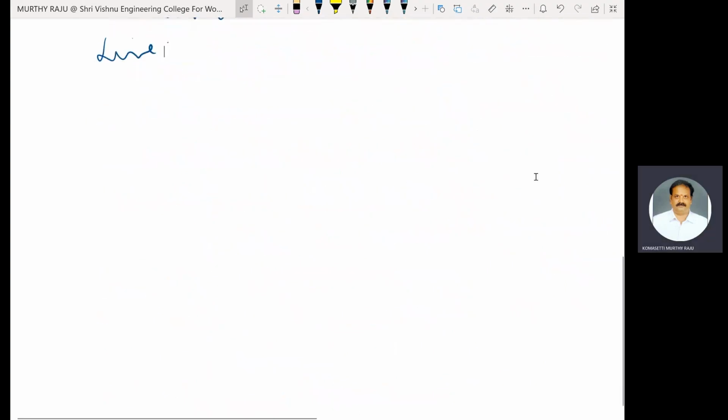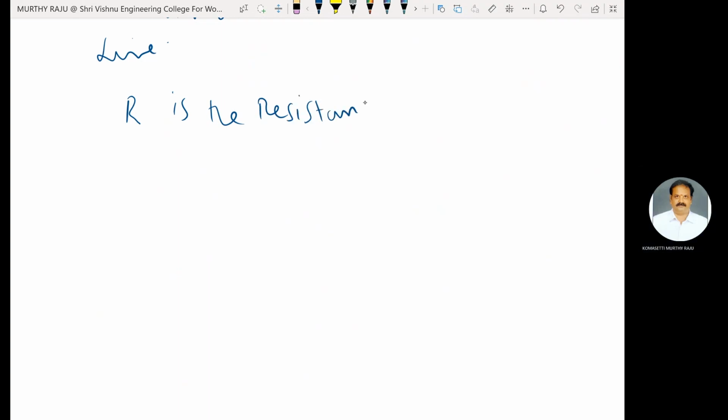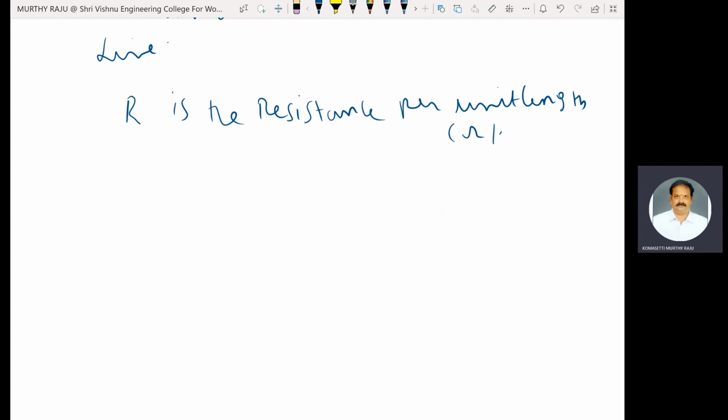Here R is defined as the loop resistance per unit length. The unit is ohm per meter, not mho.